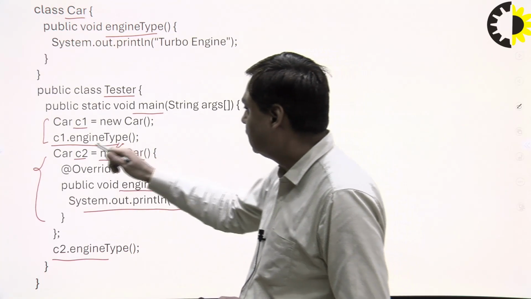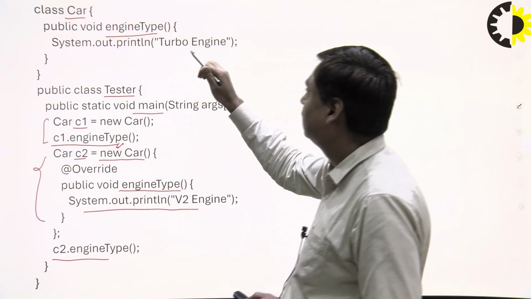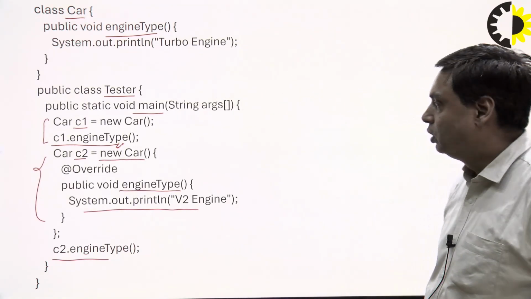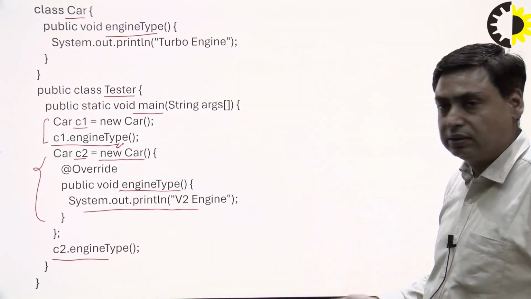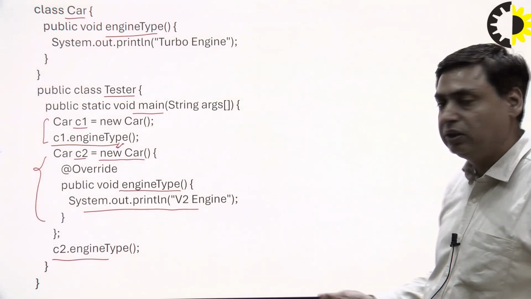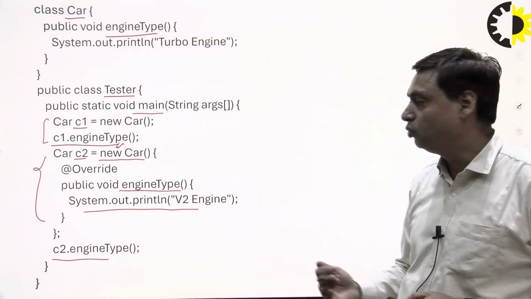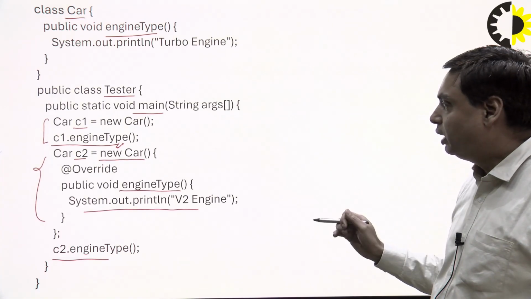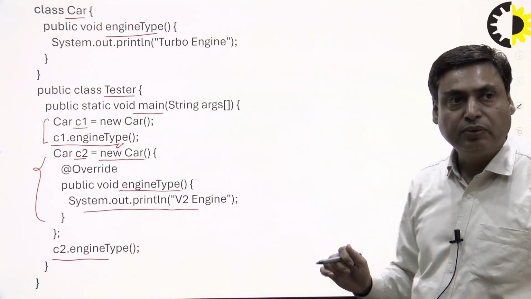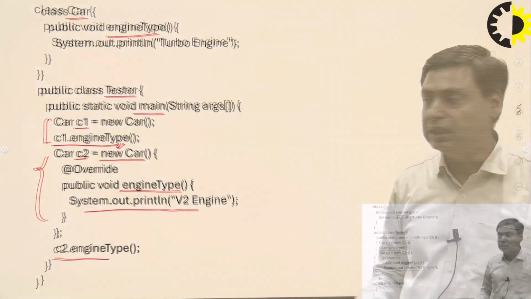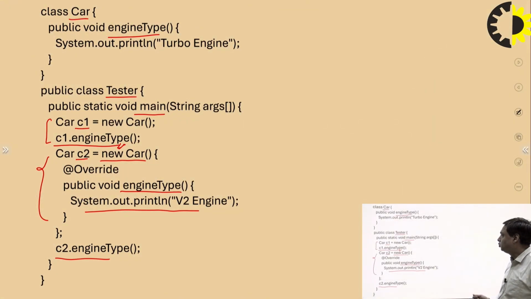In this Car class, we have a method engineType, and we are overriding it. As you know, the overriding feature is only applicable when we have two classes and there is inheritance. So here we have two classes.